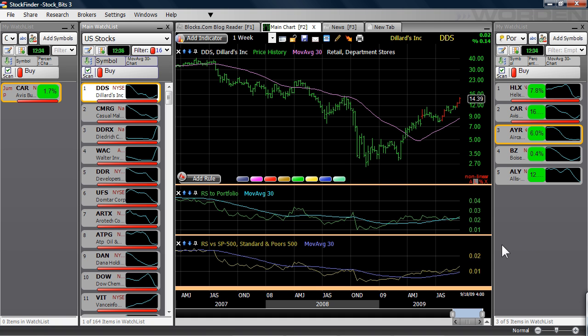Okay, now what we see here is that this particular stock, DDS, is outperforming the S&P 500. However, as you can see here, it's only slightly outperforming this portfolio. Now, we want our portfolio always to outperform the S&P 500, so we're tweaking in and out.